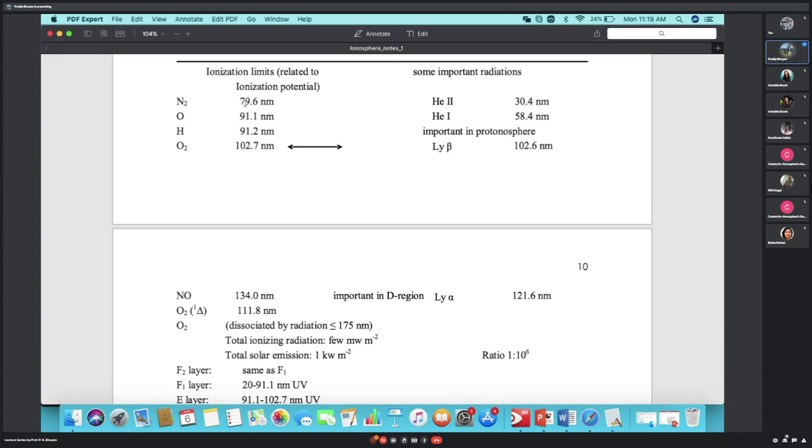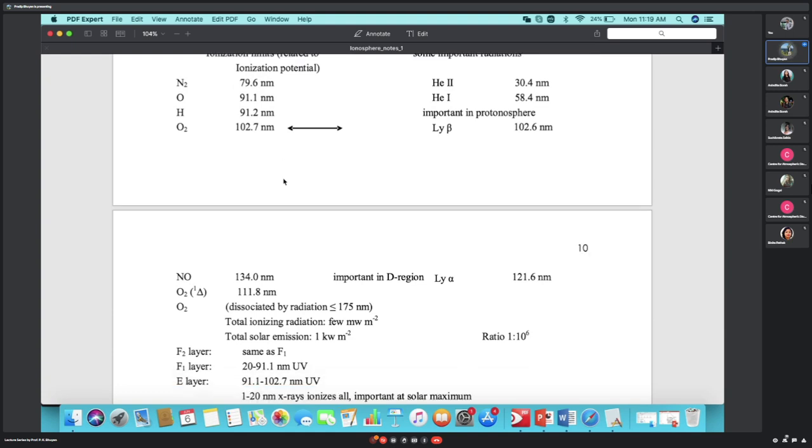So N2 can be ionized by solar radiation up to 79.6 nanometer. You can convert it to angstroms, so it will be 796 angstrom. O is 911 angstrom, and similarly O2 1027 angstrom, like that. So this table is there.